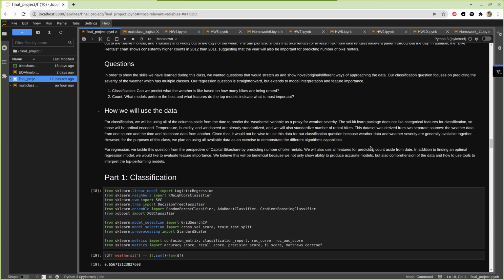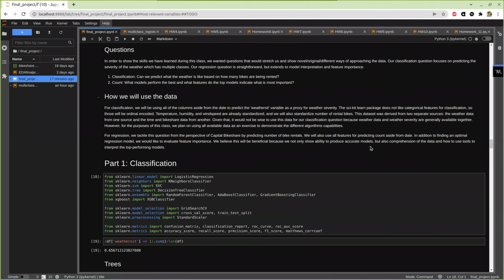So while our models are somewhat unrealistic, we did learn a lot from this project. And so we will go ahead and share with you results from our classification and our regression exercises, and then wrap it up at the end.